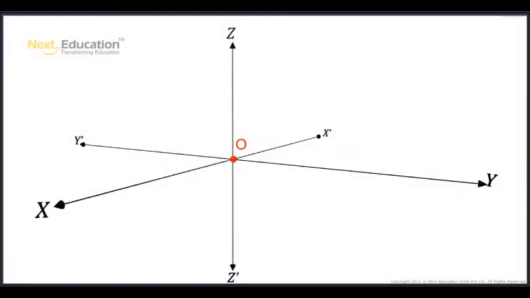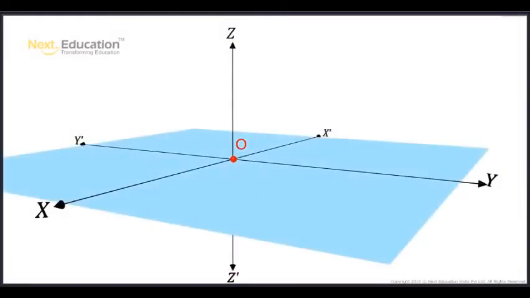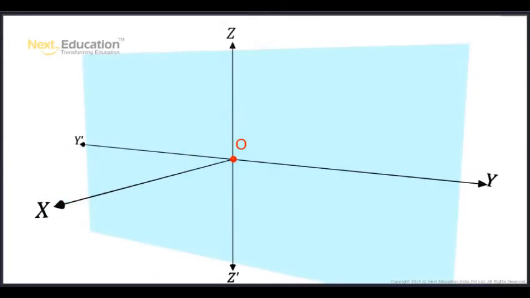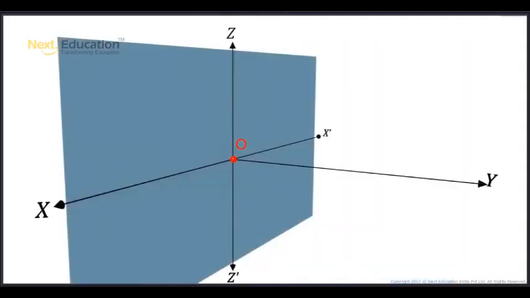The plane formed by the x and y axis is called the xy plane. Similarly, the plane formed by the y and z axis is called the yz plane. And the plane formed by the z and x axis is called the zx plane.